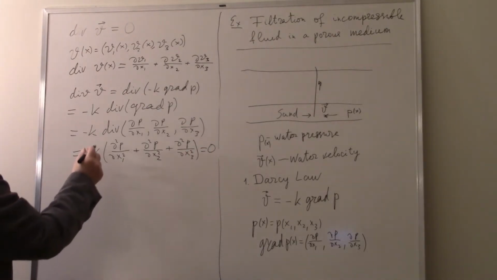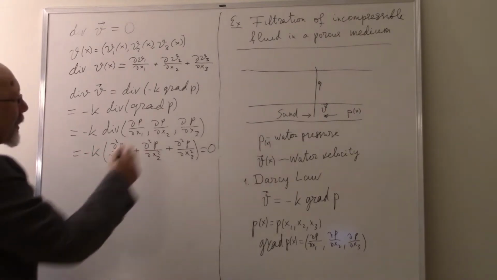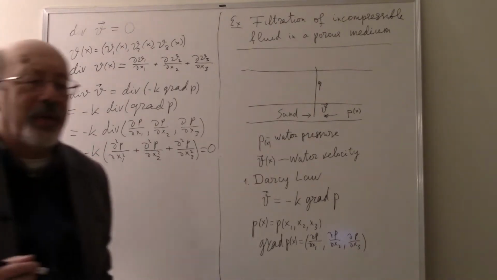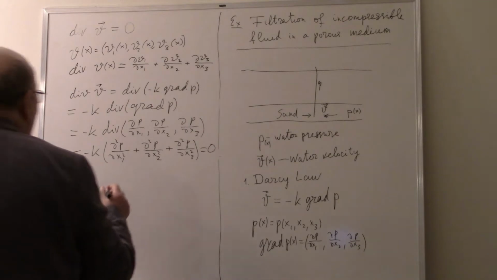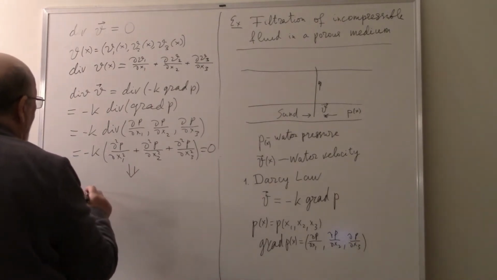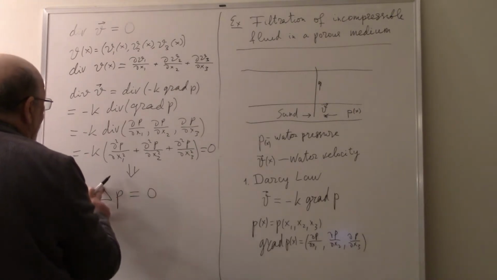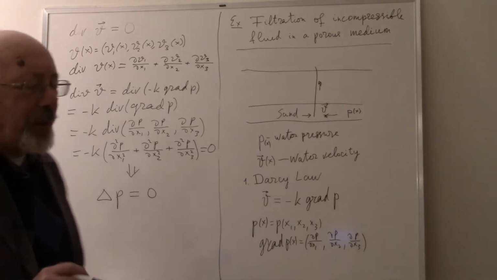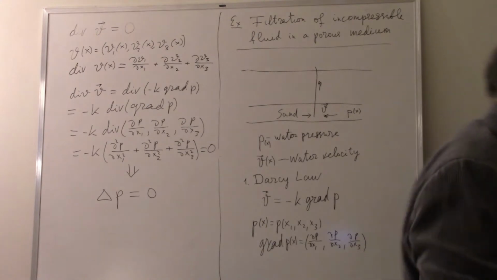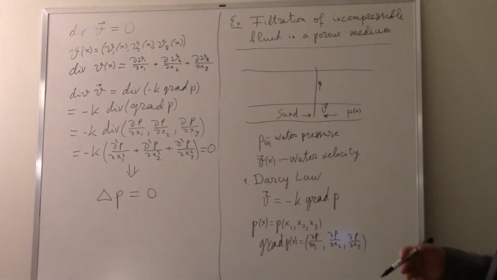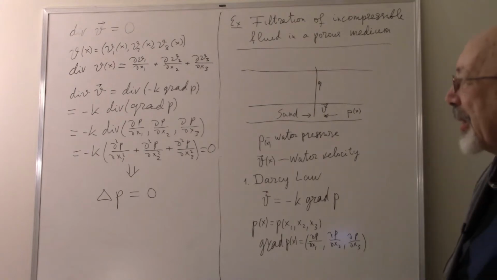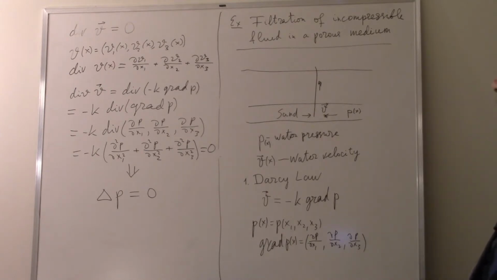But this is a constant, and what is in the bracket is the Laplacian. So this means that Laplacian P equals 0. So the pressure inside the porous medium, when we have the flow of incompressible fluid, satisfies the Laplace equation.